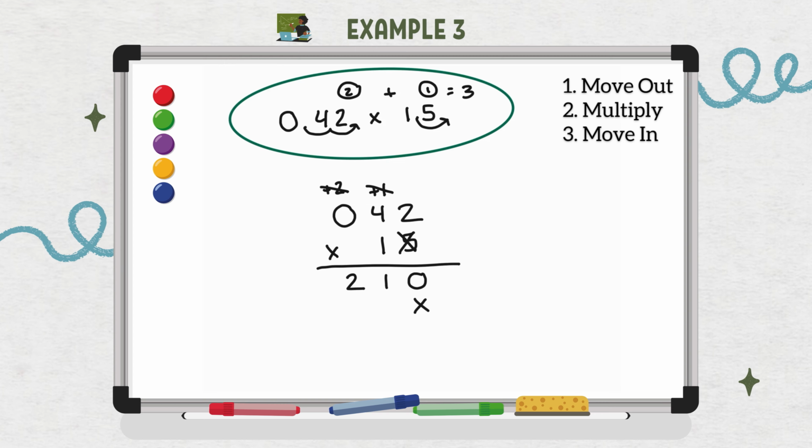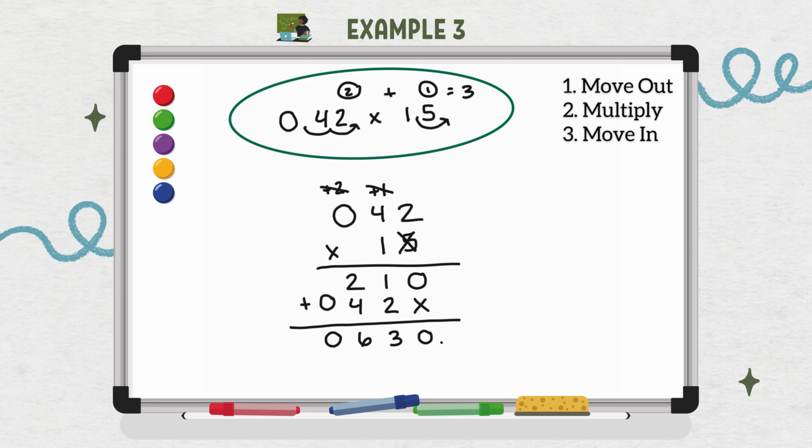Multiply by the 10's place. 2 times 1 is 2. 4 times 1 is 4, and 0 times 1 is 0. Merge all of our answers together. It's going to give us 0, 3, 6, and 0. 0630 is not our final answer. We need to do step 3 now and move the decimal back in 3 times.